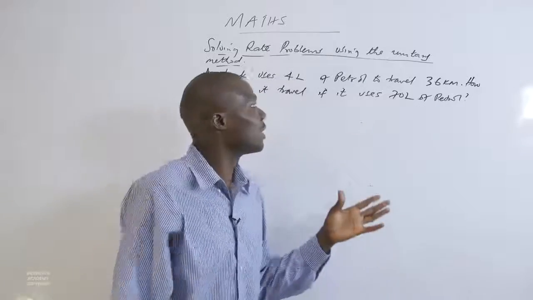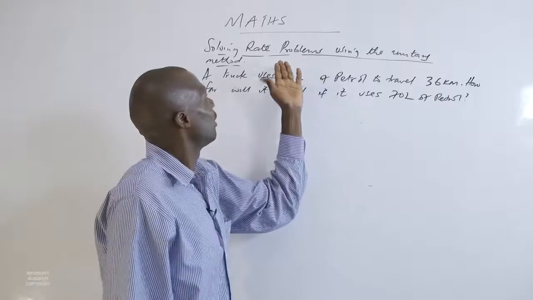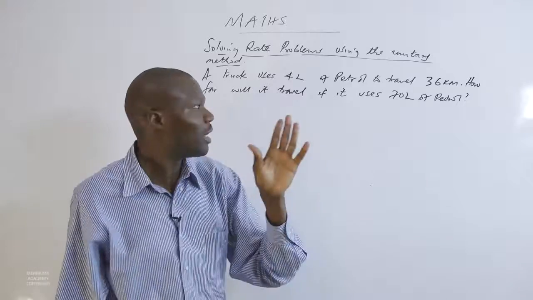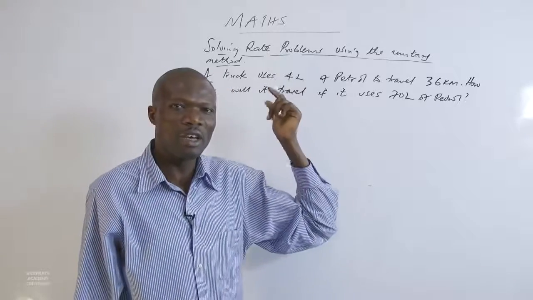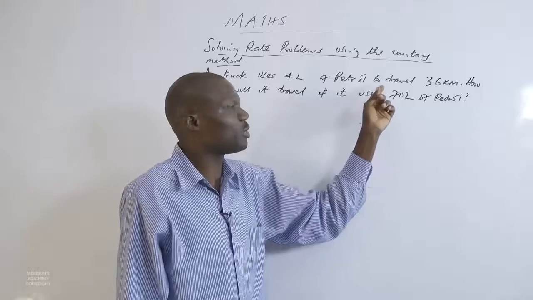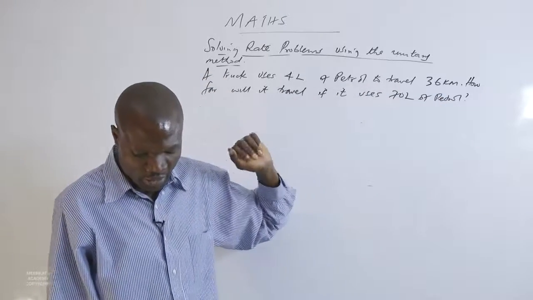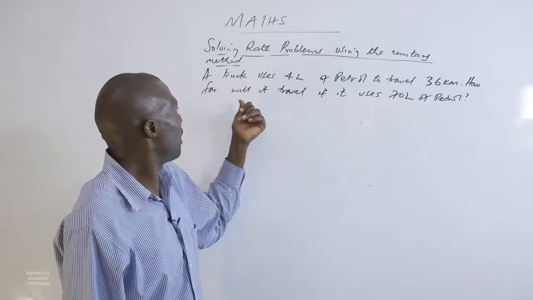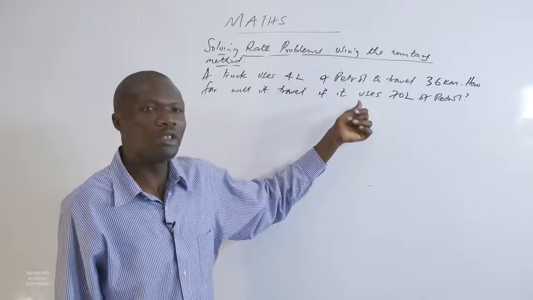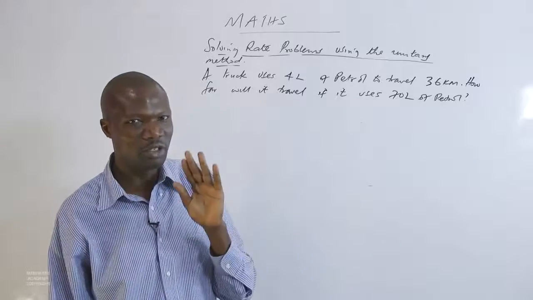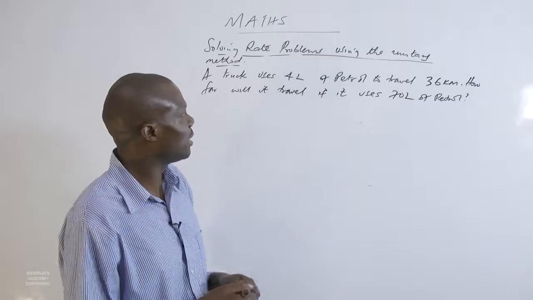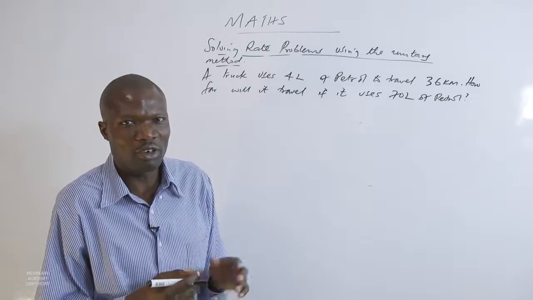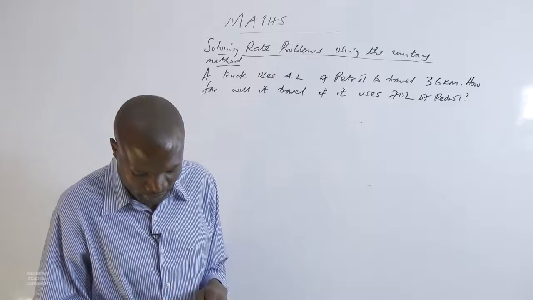Now we want to look at solving rate problems using the unitary method. And here a truck uses 4 liters of petrol to travel 36 kilometers. How far will it travel if it uses 70 liters? Let us start by approaching this per rate, or what we call rate per unit.